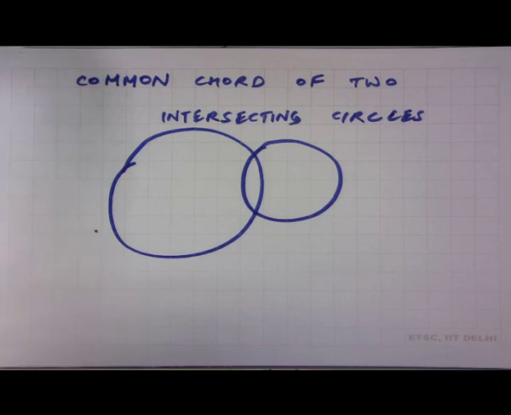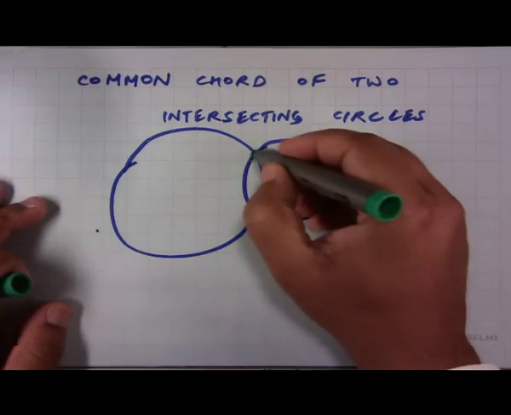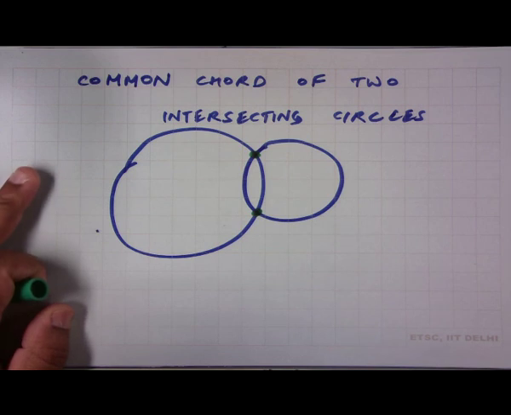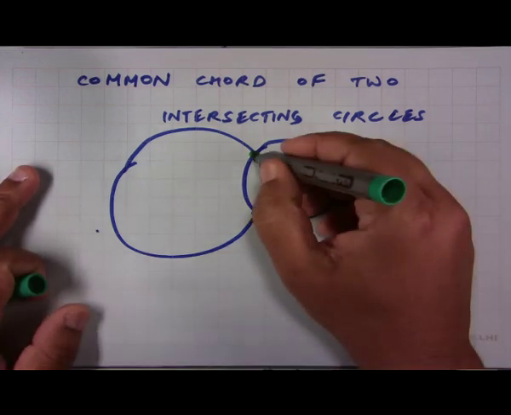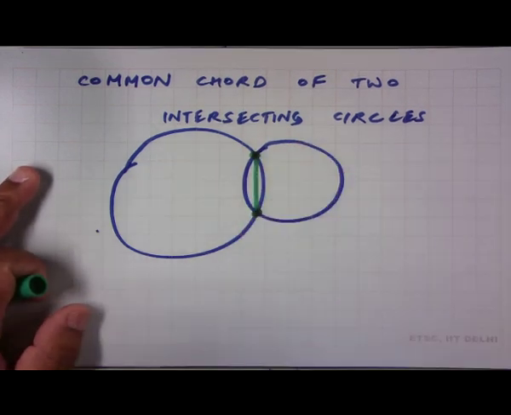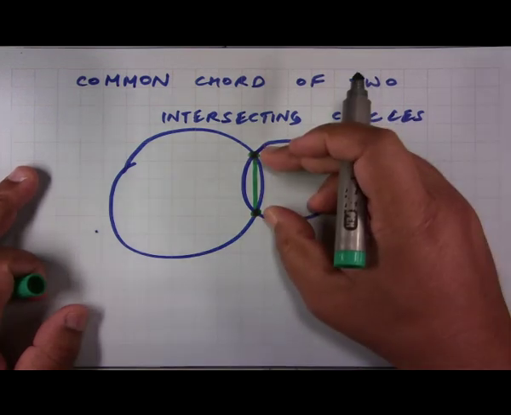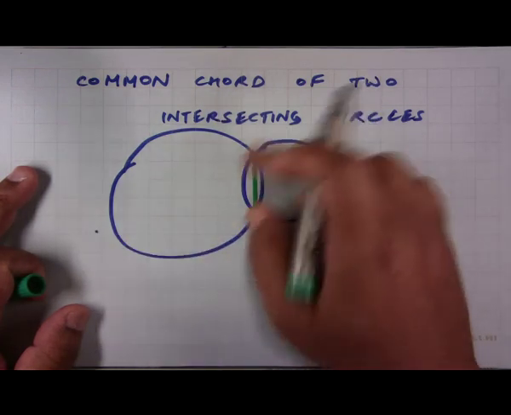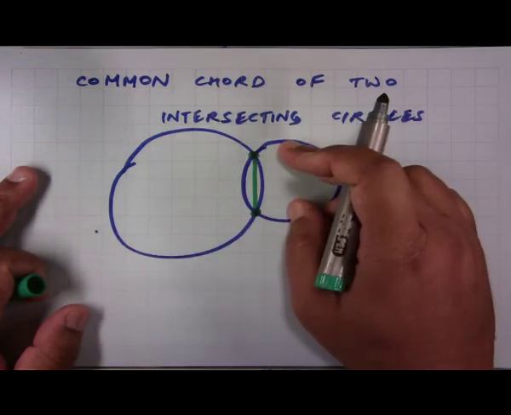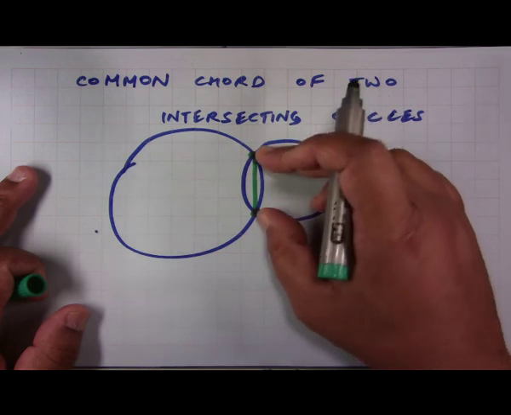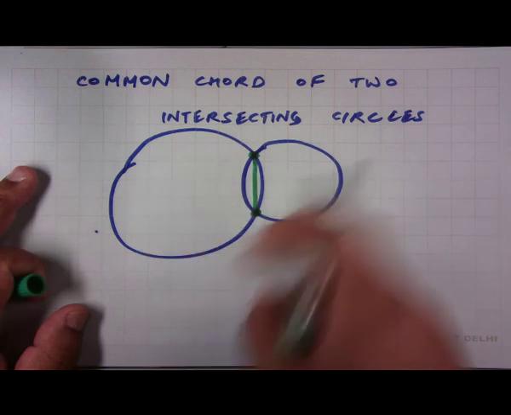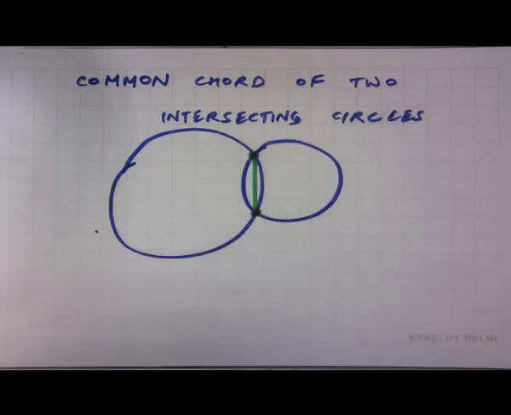When we have two intersecting circles, we have 2 points where they will be intersecting each other, and if we join these 2 points by a straight line, this line segment is a chord for the first circle as well as for the second circle, and that is why this chord is called a common chord of these two intersecting circles.